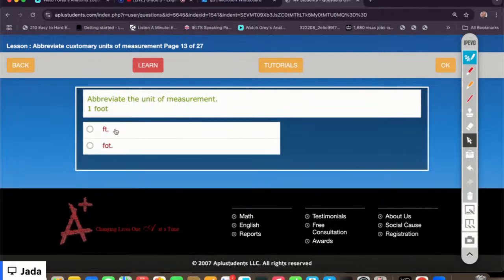All right, so for 1 foot, what is the abbreviation for 1 foot?